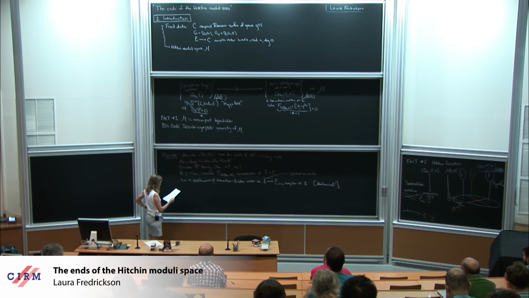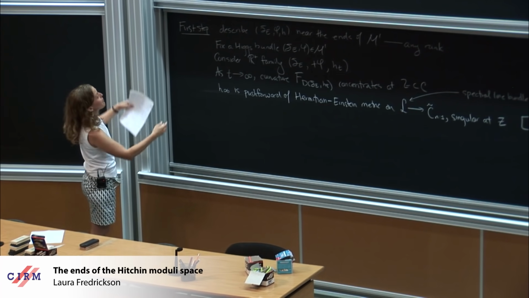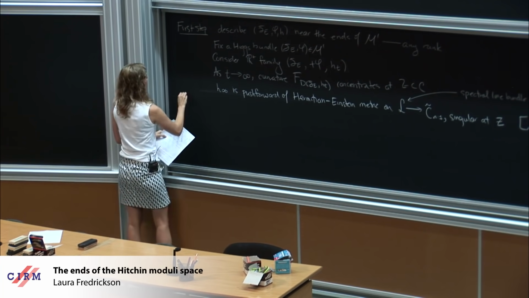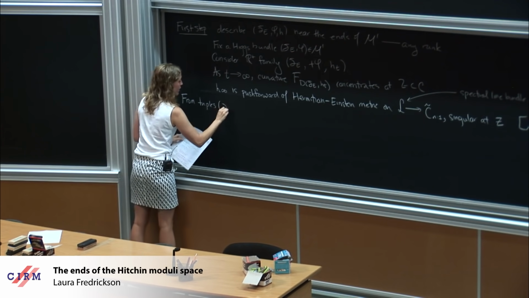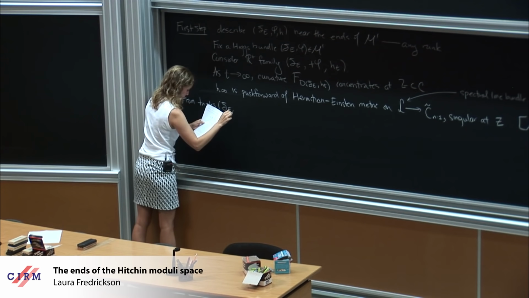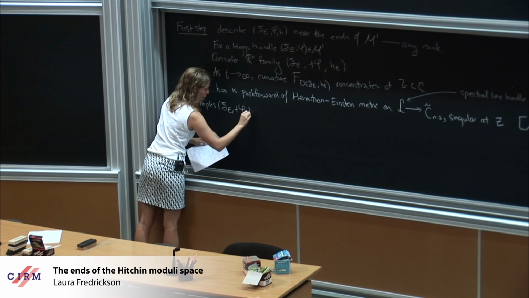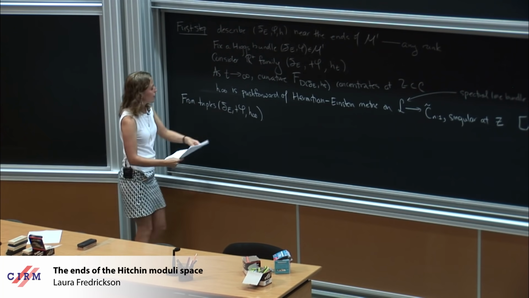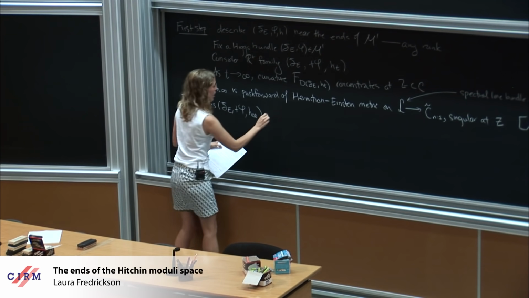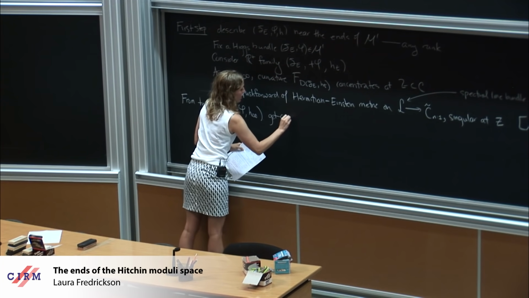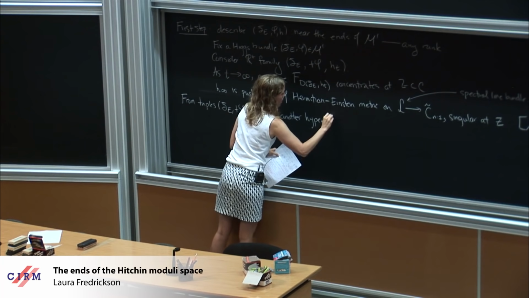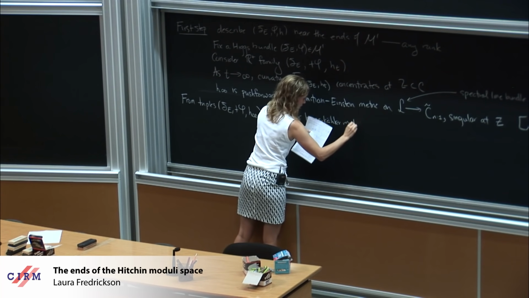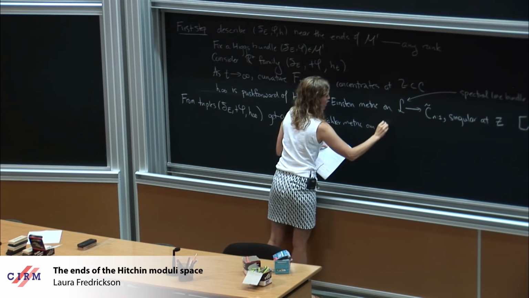So why is this the first step towards describing the asymptotic geometry of M? If you take H infinity rather than the metric HT on triples, you actually get another hyperkähler metric on M prime.